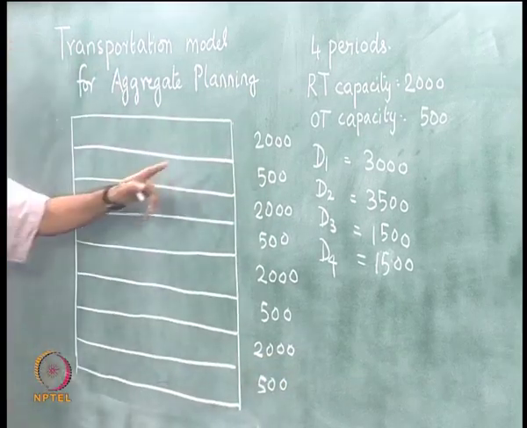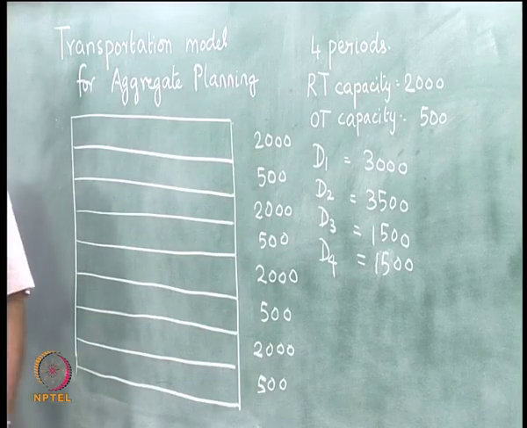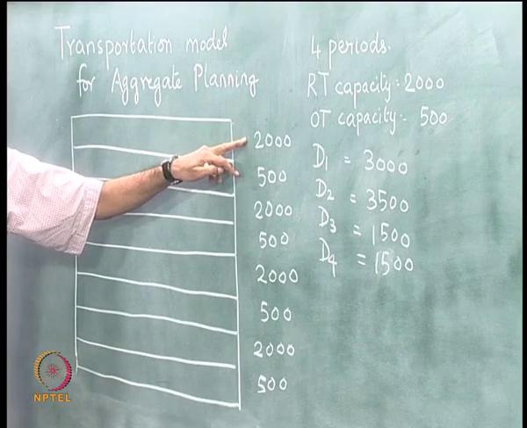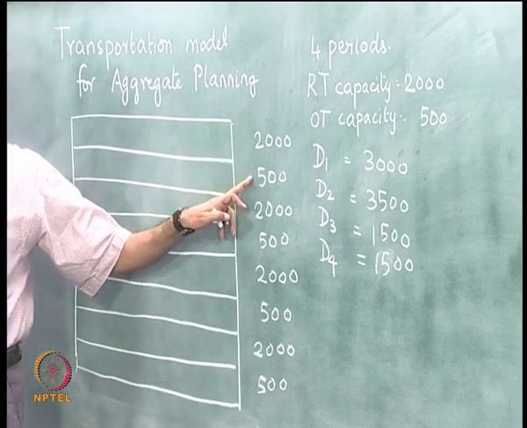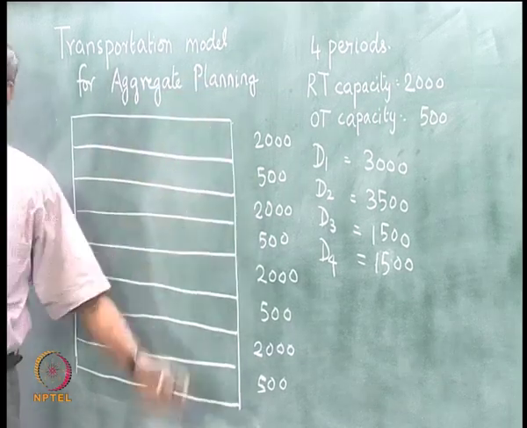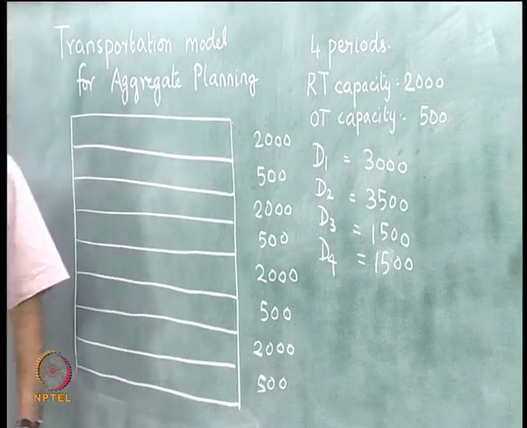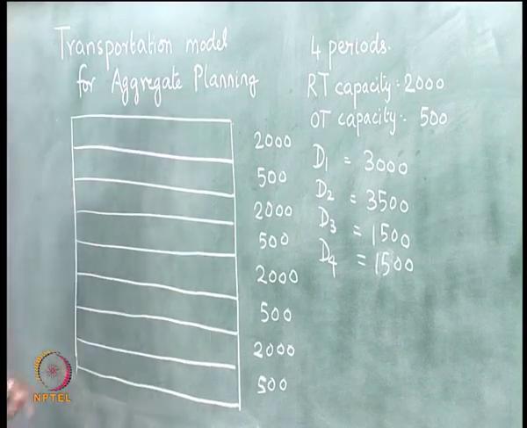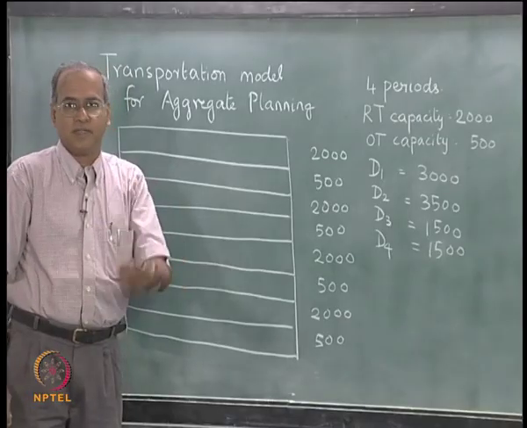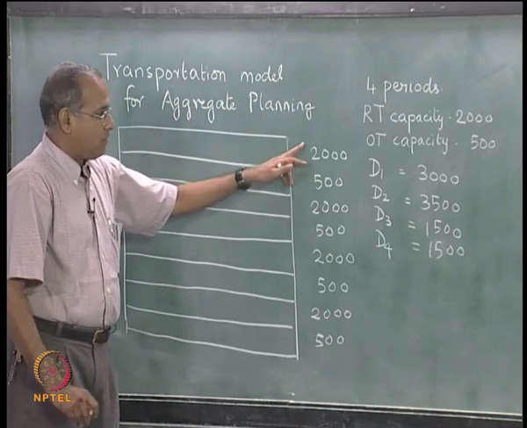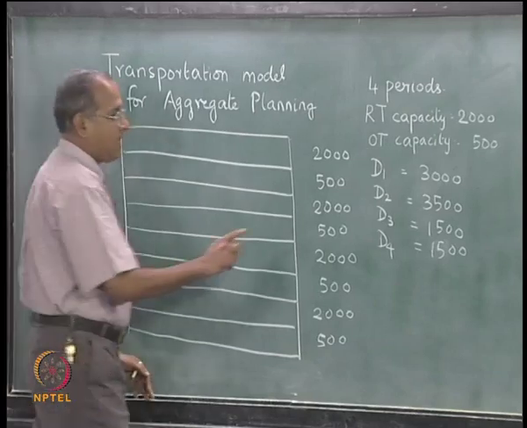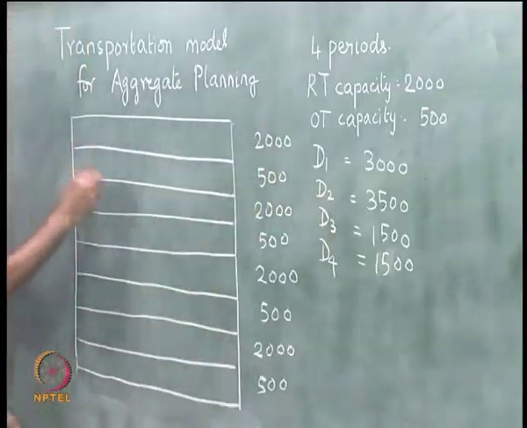As I mentioned, in this particular example we are assuming that the regular time capacity is 2000 in all the months and overtime capacity is 500 in all the months. In practice it can be different for each period, as we saw in the tabular method. The overtime capacity and the regular time capacity depend upon the number of days that are available, and therefore they can be different for different periods. Now we have to meet the demand of these 4 months with these capacities.